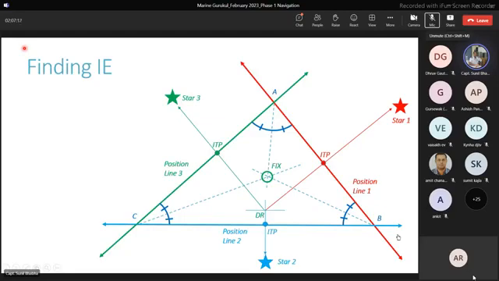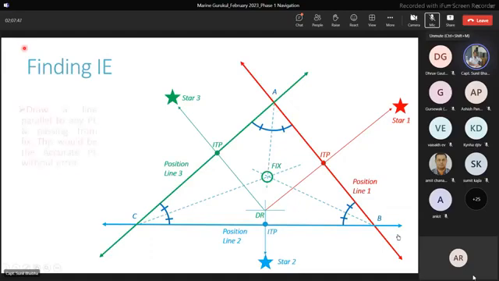Now we have learned how to resolve this cocked hat in 2 different scenarios, when the bearings are contained within 180 degrees and when the bearings are outside or not contained within 180 degrees. Now in some of the questions, they will also ask you to find out the magnitude of the error which was present in the observation. So how do we find out this error?